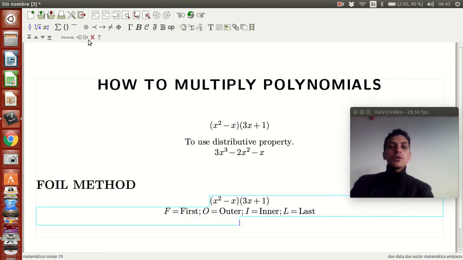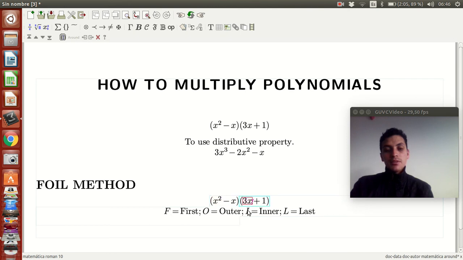Okay, so now we're going to apply the method. We're going to apply the method here. Okay, we're in equations. So first stands for the first terms of each binomial.